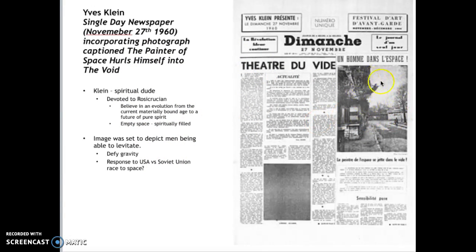So this emphasizes that, while people think that photography is documentary, it is not. The painter doesn't hurl himself into the void. He hurls himself very safely and lands, and then puts these two photographs together to make it look as if he has hurled himself to his death.